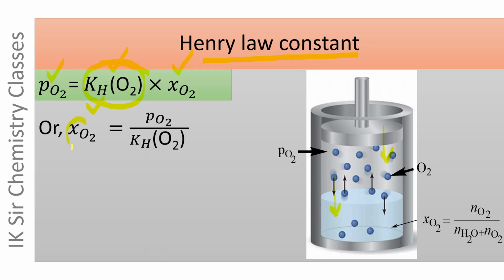The mole fraction of O2 is equal to number of moles of O2 in the solution divided by number of moles of water plus number of moles of O2. KH O2 is constant at a given temperature for a given gas. Therefore, as the partial pressure of O2 increases, XO2, that is mole fraction of O2 in water, that is solubility of oxygen in water, increases.